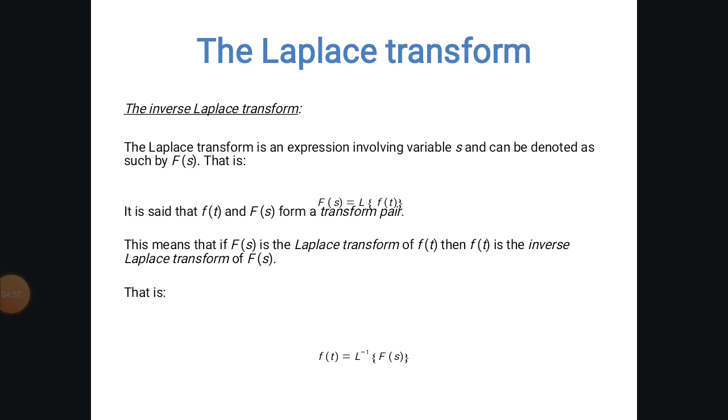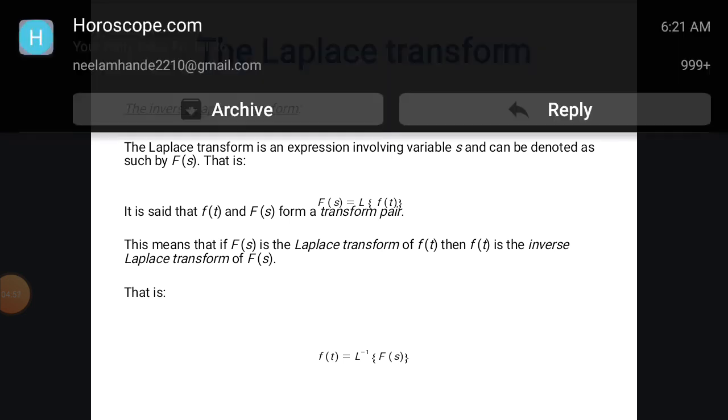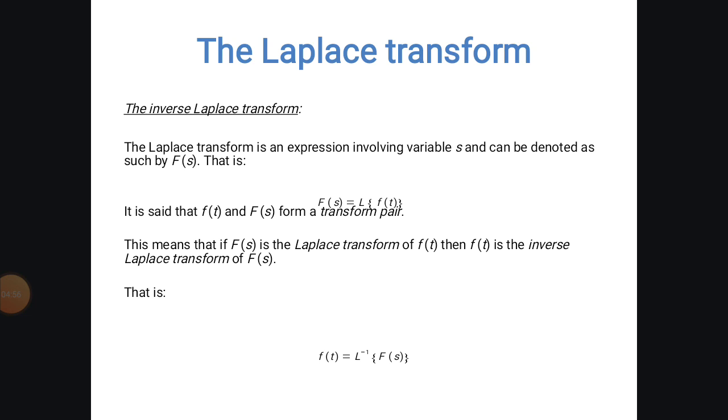Okay, then we'll define the inverse Laplace transforms. The Laplace transform is an expression involving the variable s and can be denoted as F of s. That is, F of s is equal to the Laplace transform of f of t, which we already defined.